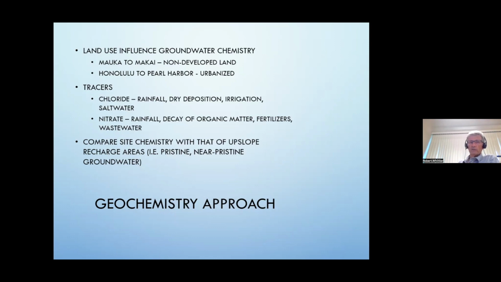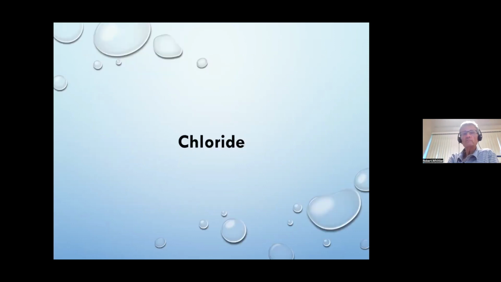Nitrate results from atmospheric deposition and rainfall, the decay of organic matter, which should be at a steady state in the upper recharge zones, and anthropogenic sources would include fertilizers and wastewater. So our goal here is to compare the site chemistry with that of upslope recharge areas of groundwater.